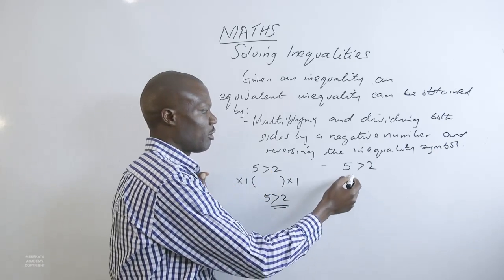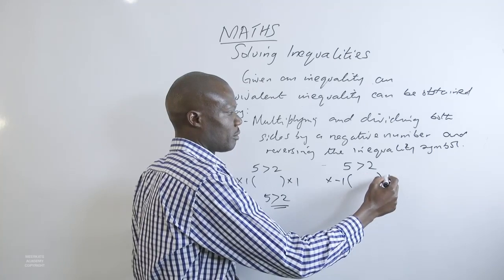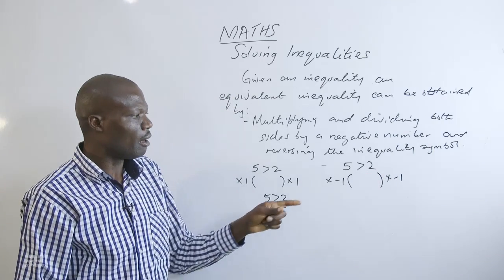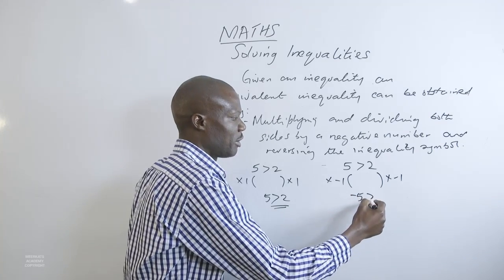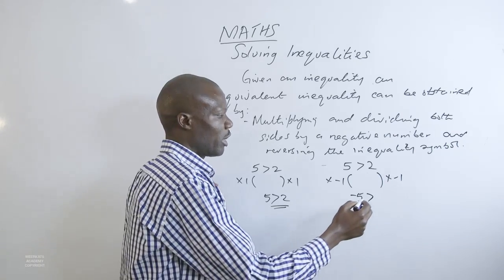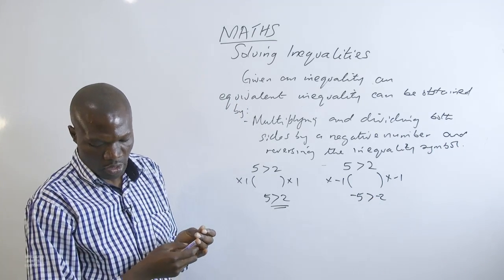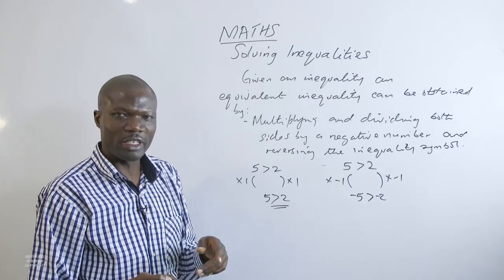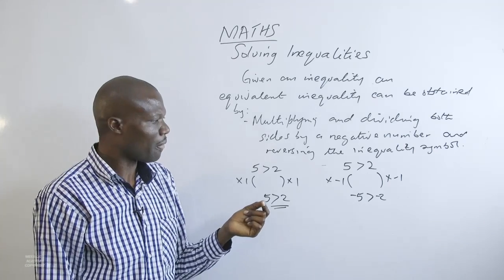This other side, if we multiply by negative 1, 5 multiplied by negative 1 is negative 5, and 2 multiplied by negative 1 is negative 2. Now, when you look at this one is true, it remains 5 greater than 2.